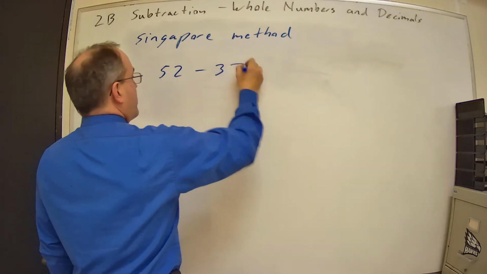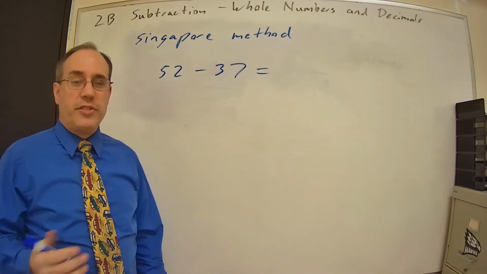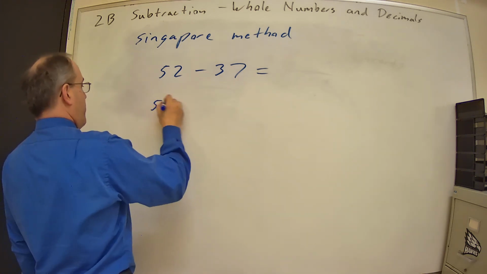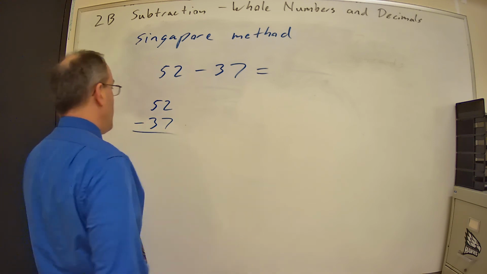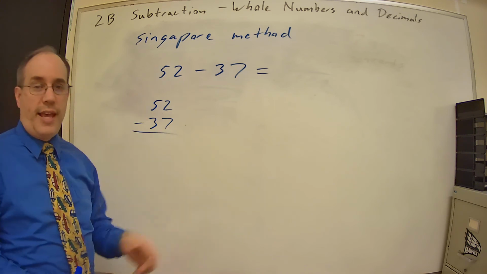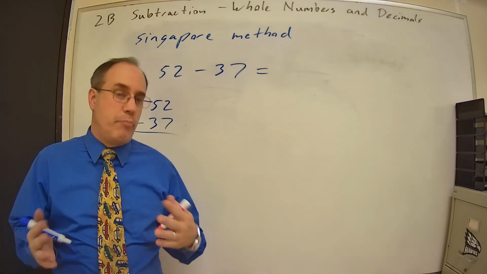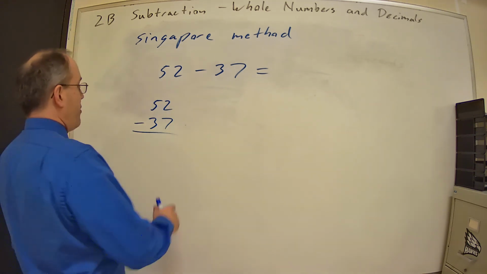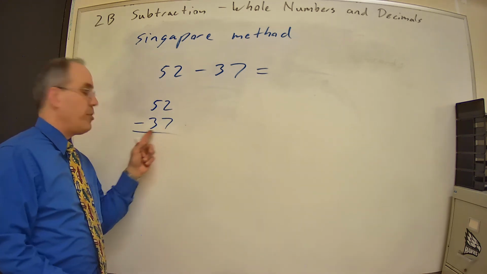52 minus 37 equals. So here's the idea of the Singapore method. I'm going to stack these just like we have been doing. 52 minus 37. Now the problem we run into here is that 2 minus 7, we can't do it. So the Singapore method is a way of kind of avoiding borrowing, because what we're going to do is rather than trying to do this and borrowing, we're going to look at this bottom number.